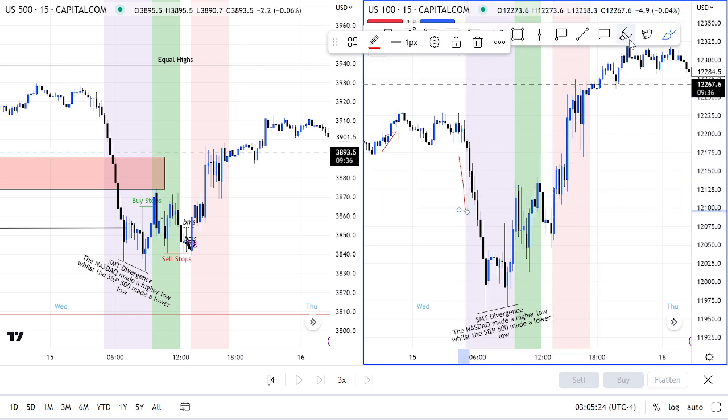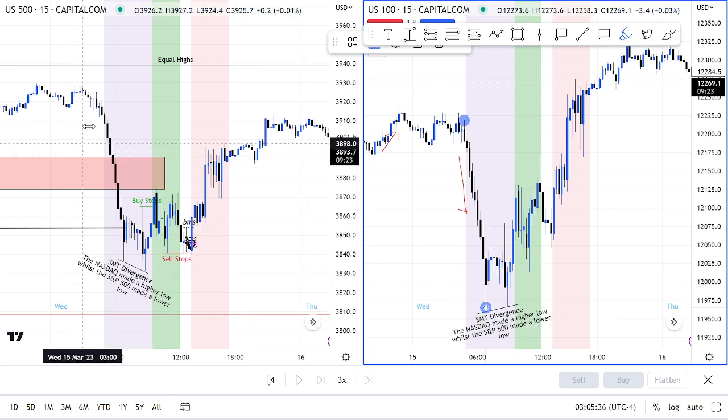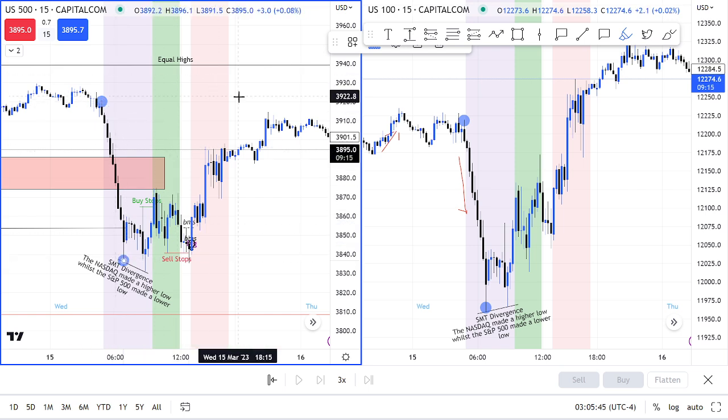Right. So if you notice in this price run, we had a lot of black candles going all the way down from 4:45 to 6:45 a.m. Same for the S&P 500. So roughly 2 hours of just sells.